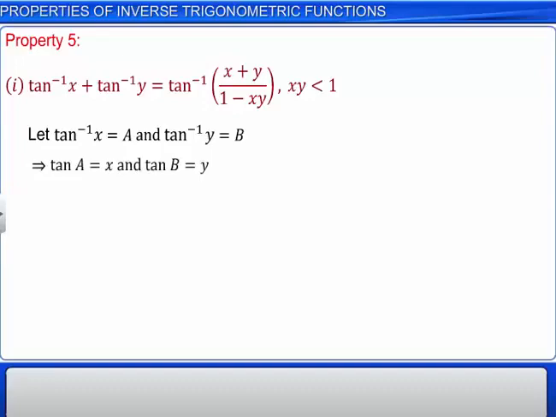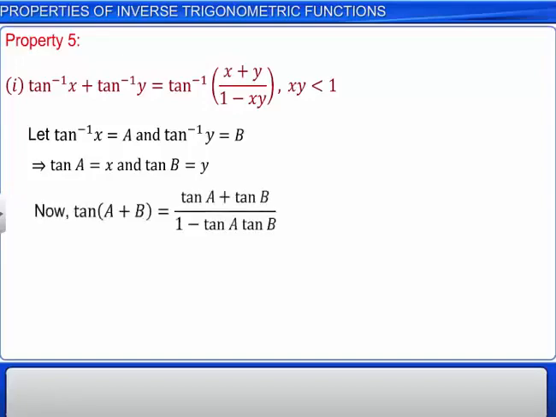This implies tan a is equal to x and tan b is equal to y. Now, tan of a plus b is equal to tan a plus tan b upon 1 minus tan a into tan b. Substituting the values of tan a equal to x and tan b equal to y in the equation, we get tan of a plus b is equal to x plus y upon 1 minus xy.